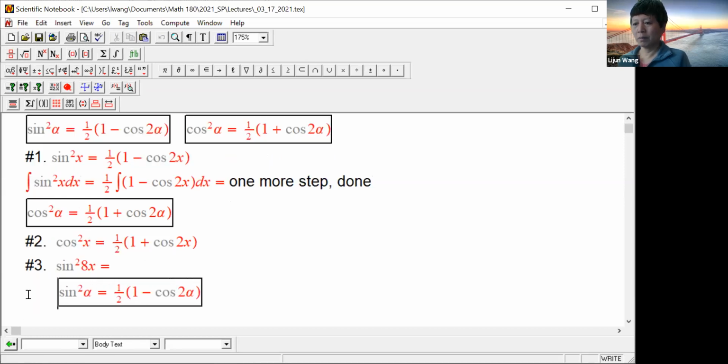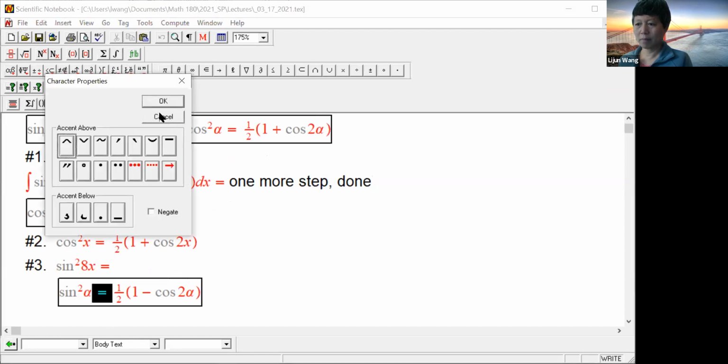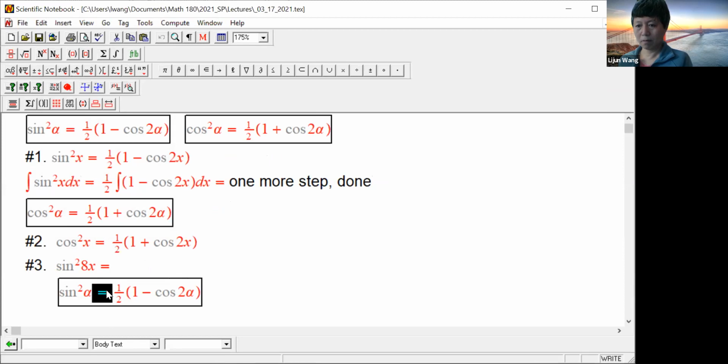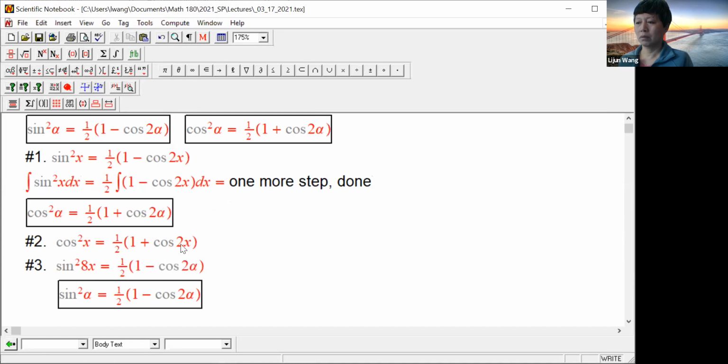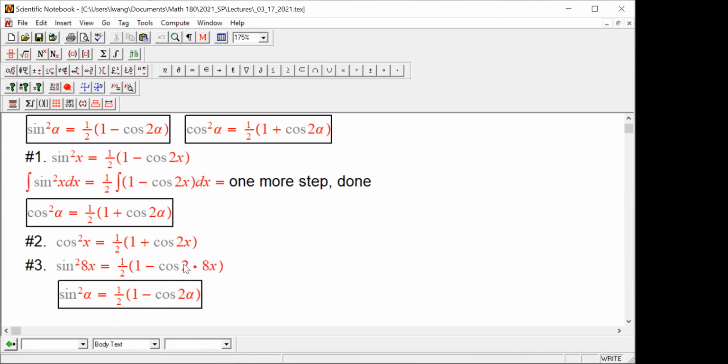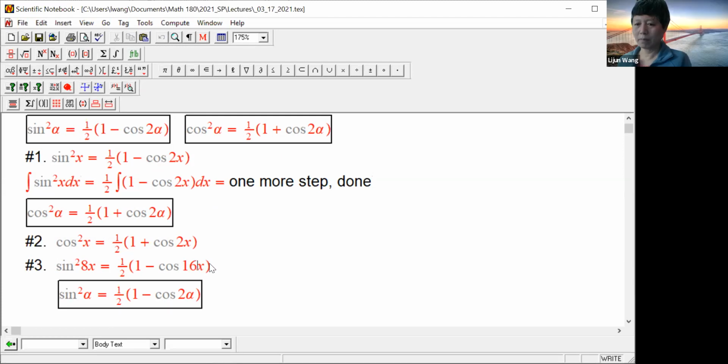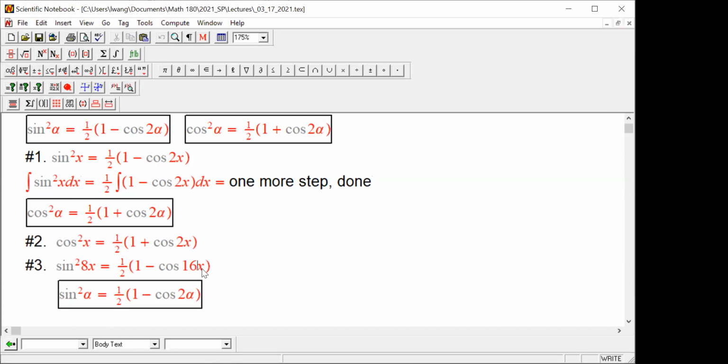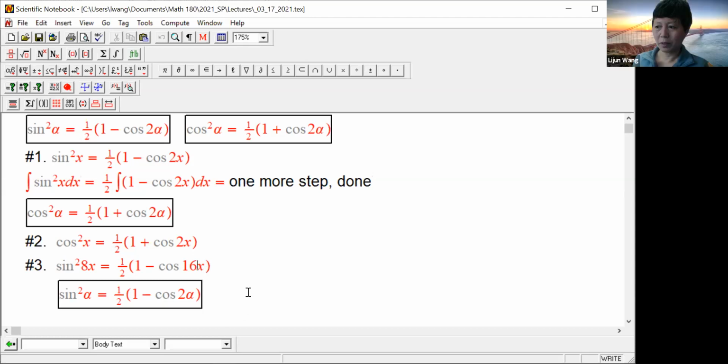But in this case, alpha is 8x. So on the other side, what do you think this will be? This will be 2 times 8x, and that's going to be 16x. It's pretty easy, isn't it? So now let's keep going.